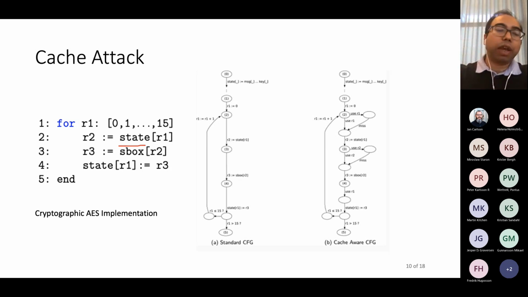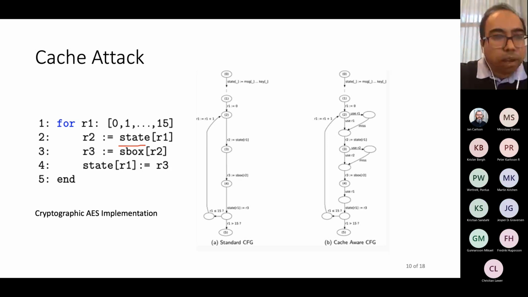If we take cache behavior into account, this is the very simple control flow graph of this program, and this is the cache-aware control flow graph. At every point, like statement 2 or statement 3, we have a cache hit or cache miss.